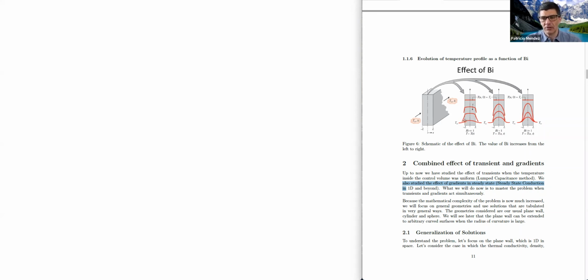But as it cools down, the temperature is more or less uniform.